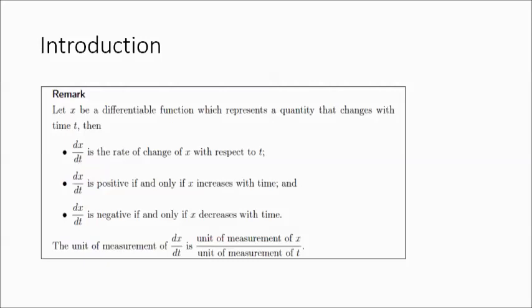Let's say sa velocity, that is meters per second, right? So for example, dx over dt is the rate of change of x with respect to t.